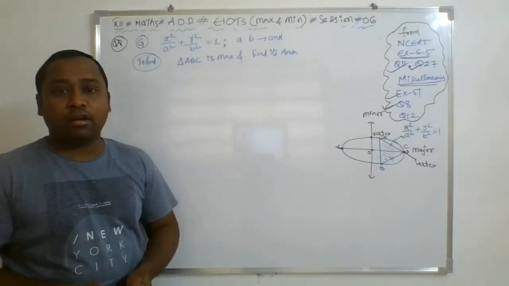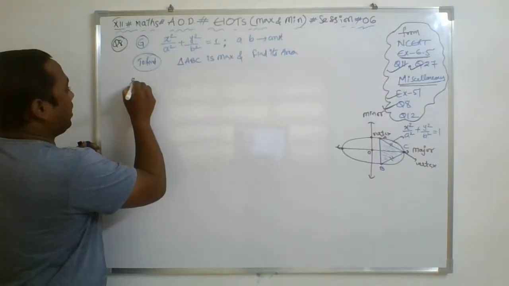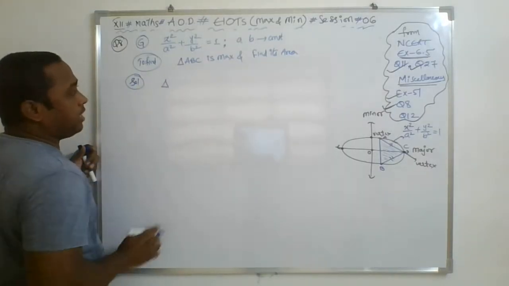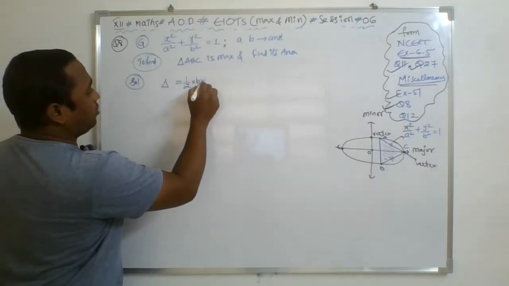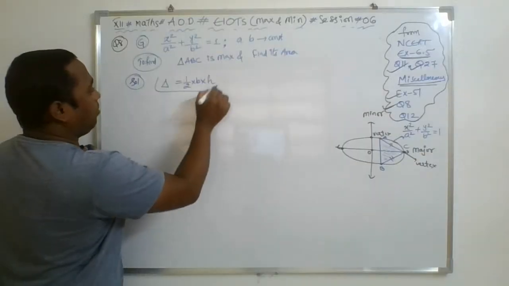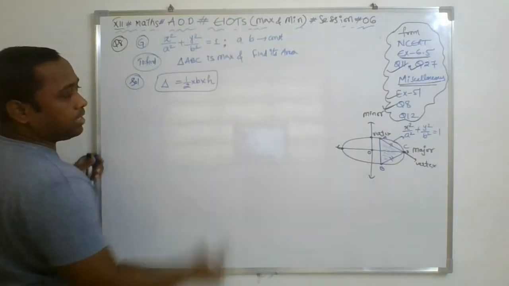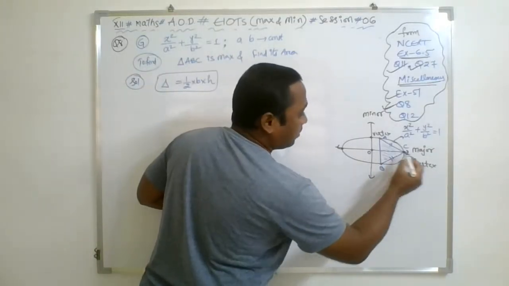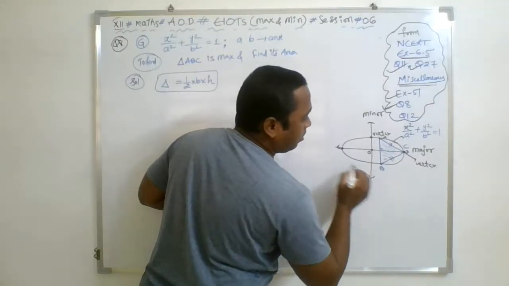So I am writing the area of triangle formula. That is a fundamental formula. What is the area of triangle formula we have? Delta, which I am using for the area of the triangle, is half into base into height. Just look at this and try to apply the formula here. Since it is symmetric about the axis, you may say it is a right angle.